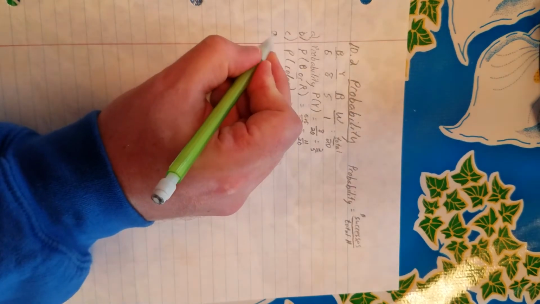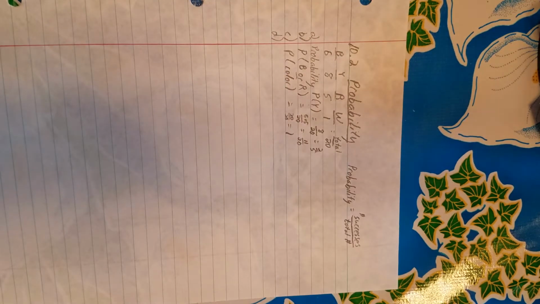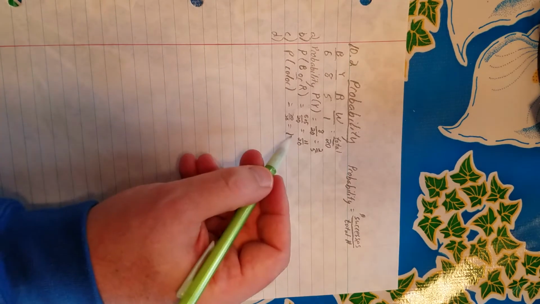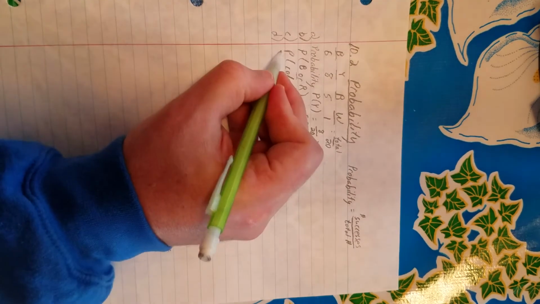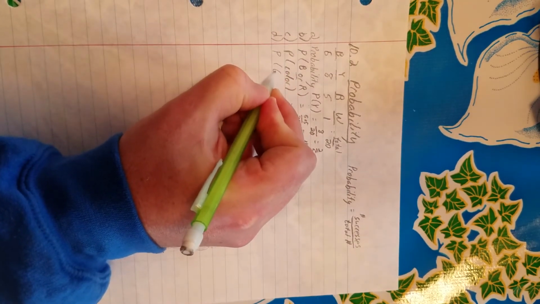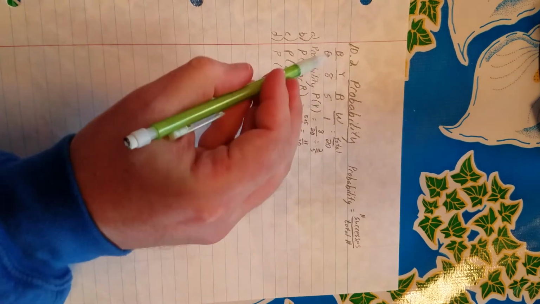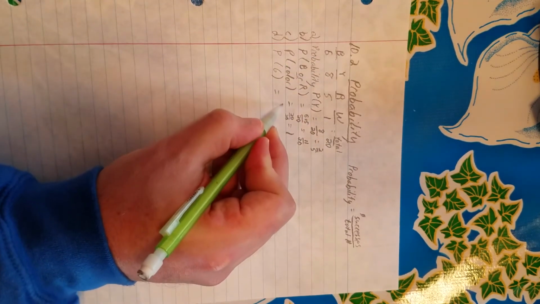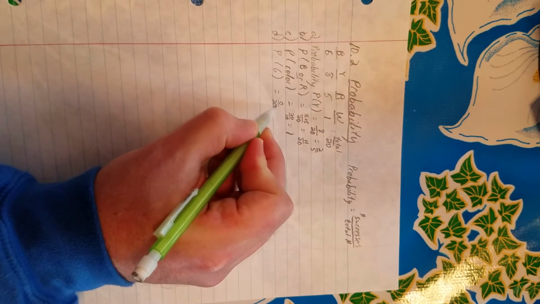So these could have been expressed as percentages too, but it's probably best to keep them as fractions or whole numbers if they work out even. What's the probability of picking a green marble? Again, there are no green marbles, so this would be 0 out of 20 or 0.